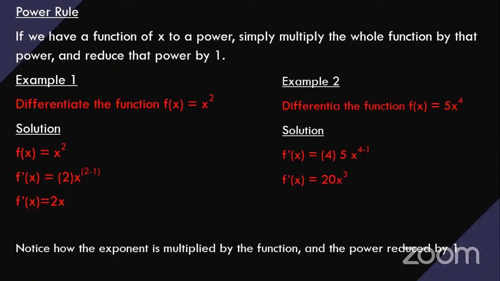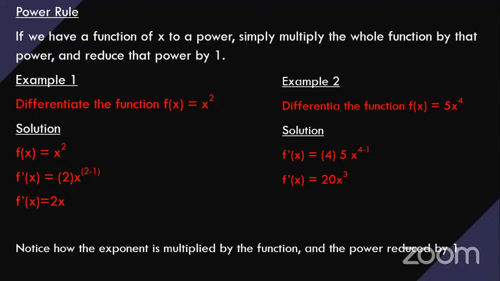So let's look at the power rule. The power rule states that if we have a function of x to a power, we simply multiply the whole function by that power and reduce that power by 1. Let's also consider this example to make it very clear to us.